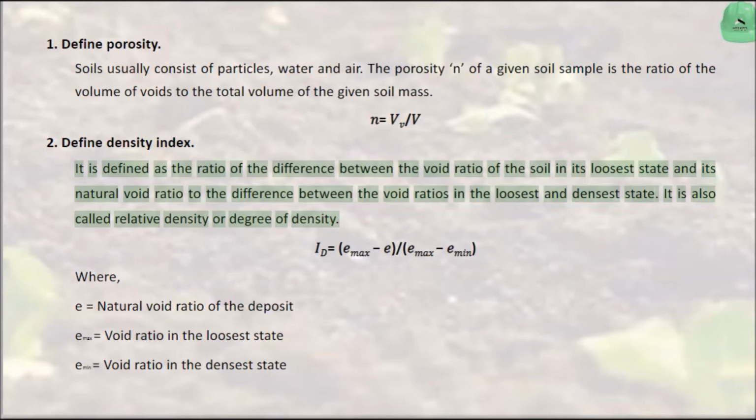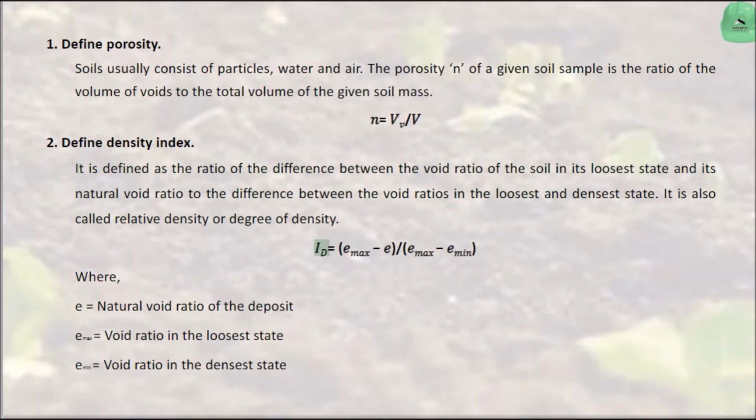It is also called relative density or degree of density. Where e equals natural void ratio of the deposit, e max equals void ratio in the loosest state, e min equals void ratio in the densest state.